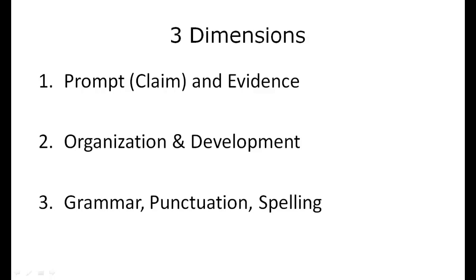The second dimension scores how well the response develops and organizes an argument that supports the claim. The third dimension scores how well the writer follows standard English conventions in the argument. This includes the proper use of grammar, punctuation, and spelling. I'm going to evaluate my essay on these 3 dimensions before I submit it for grading.